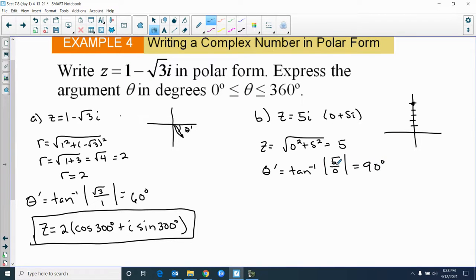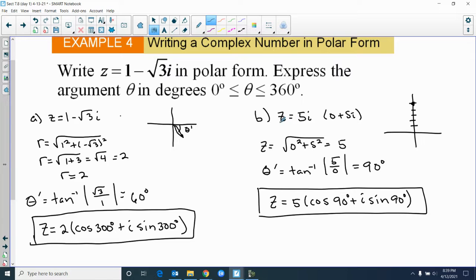When you take the inverse tangent of something over 0, it is undefined, at 90 degrees. And so our polar form will be 5 cosine of 90 degrees plus I sine of 90 degrees. Now, it was absolutely fine if you just went straight from the point to here if you understood how it was set up.